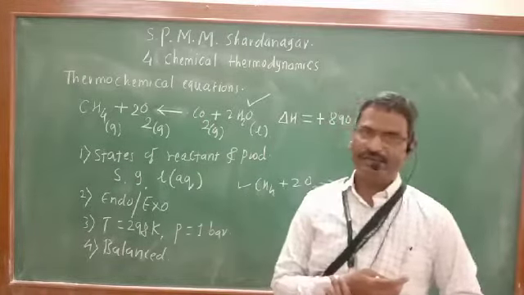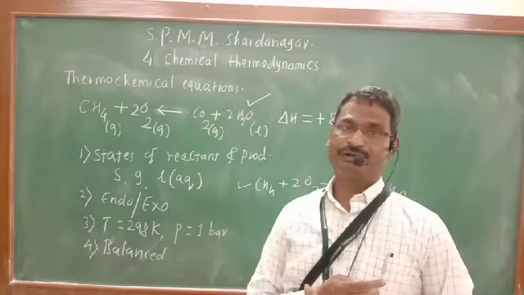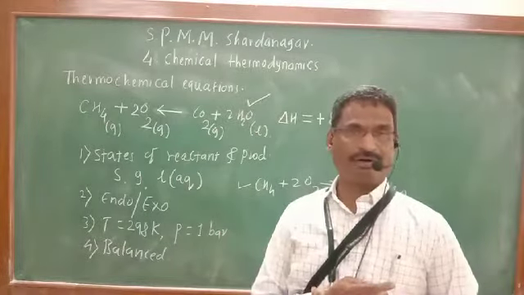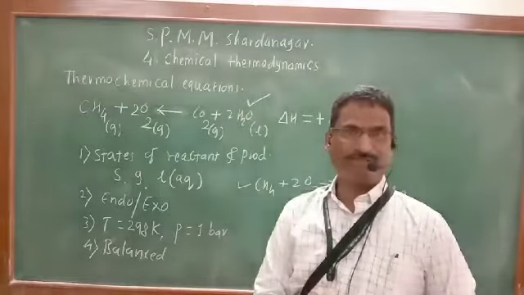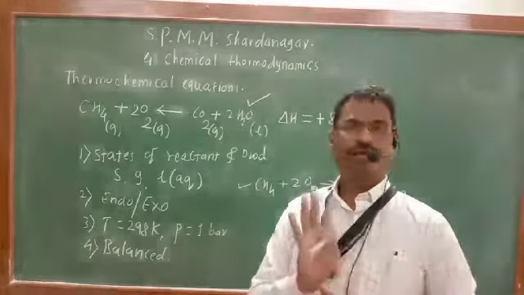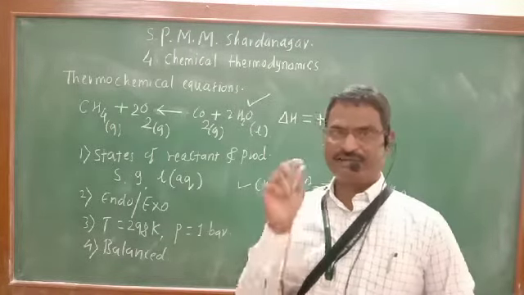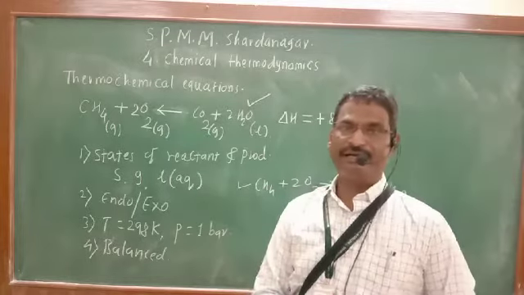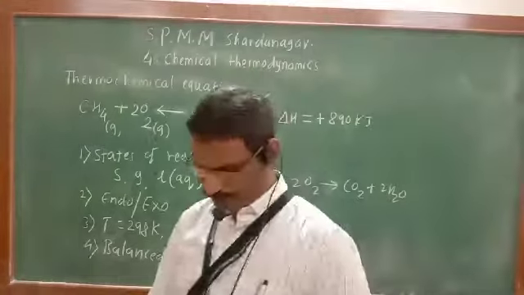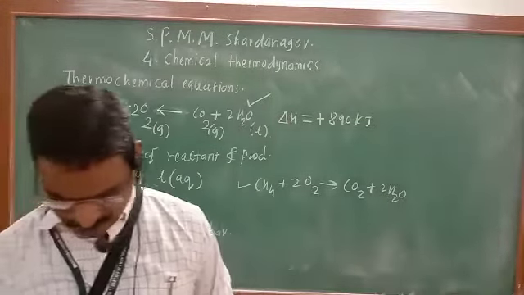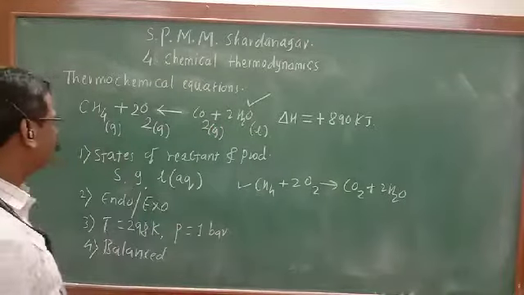A thermochemical equation is a balanced chemical equation in which the number of moles of reactant and product are indicated, the states of reactant and product are indicated, and the value of delta H and its sign are properly indicated. That is how we can convert a simple chemical equation to a thermochemical equation.